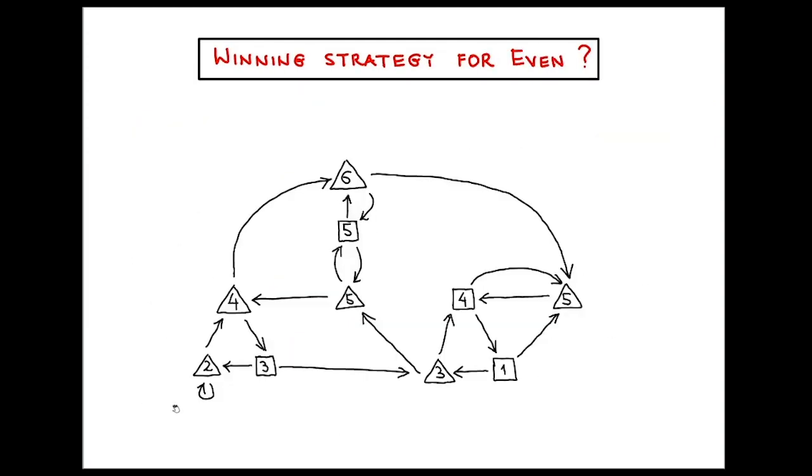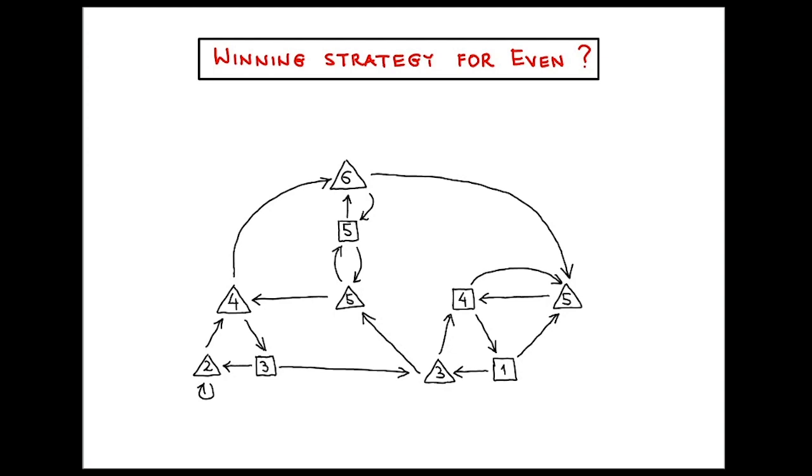Right, so let's maybe try to understand better the concept of a winning strategy, and in particular the concept of a winning strategy for even in a parity game. So here's an example of a parity game with 10 vertices, 10 positions, and 6 distinct priorities from 1 to 6.